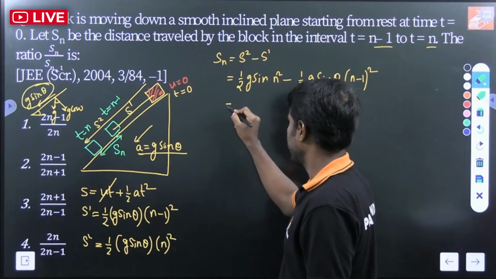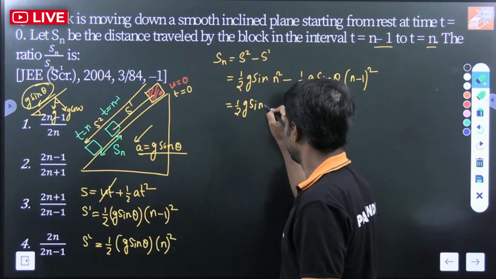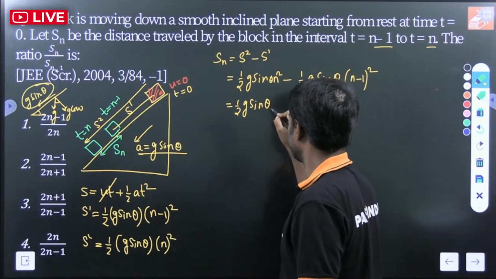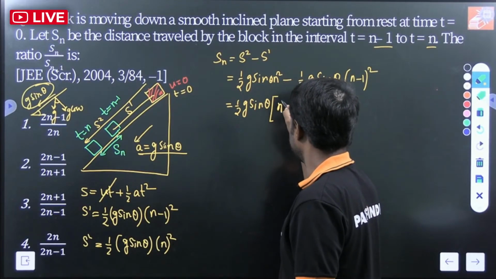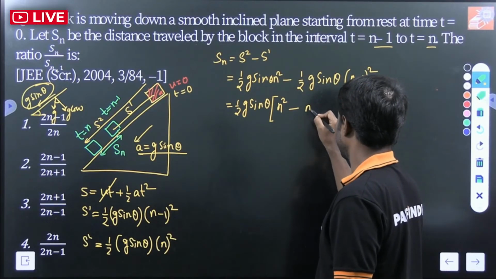From there we can take 1 by 2 g sin theta common, forgetting the theta. So we get n square first, and second term (n minus 1) whole square.